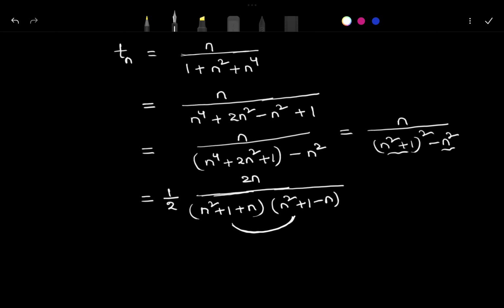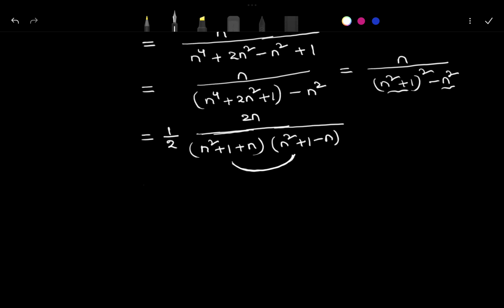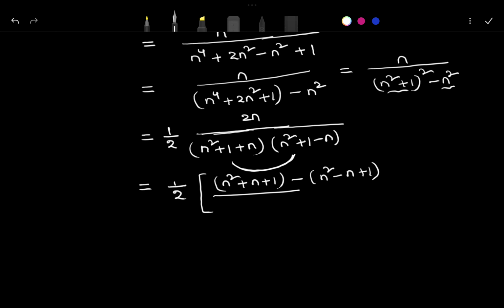Now 2n can be replaced by: this is equal to 1 by 2 into 2n, which you can write as (n square plus n plus 1) minus (n square minus n plus 1), whole divided by (n square plus n plus 1) into (n square minus n plus 1).